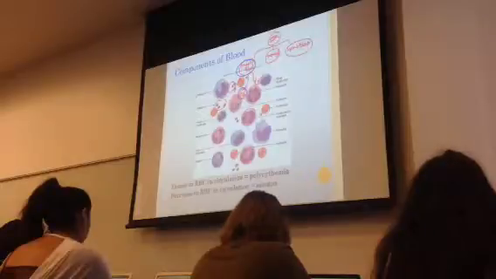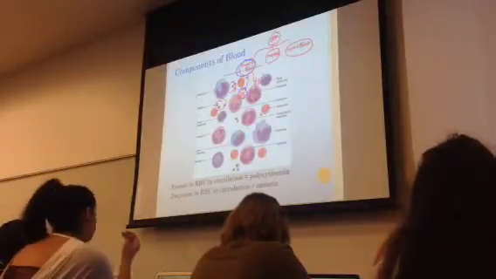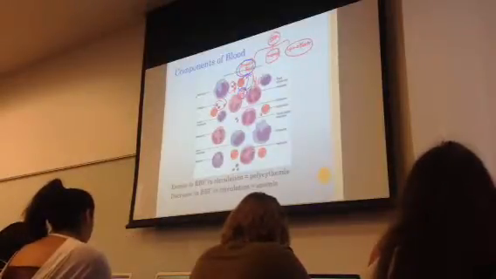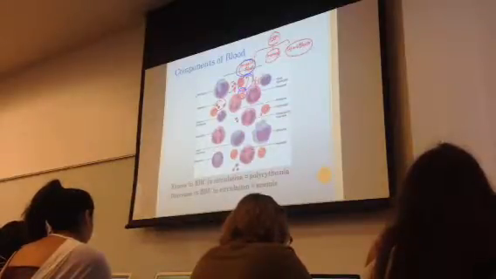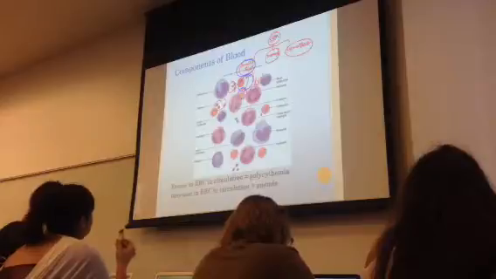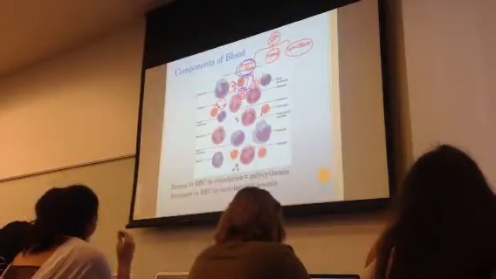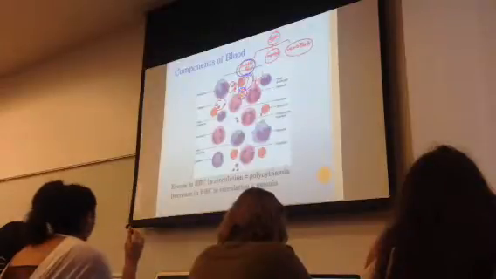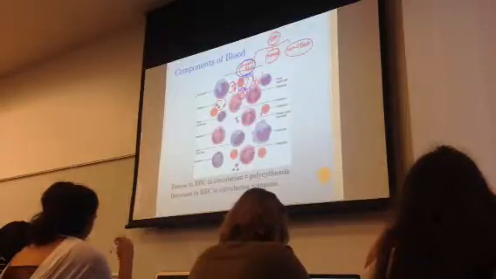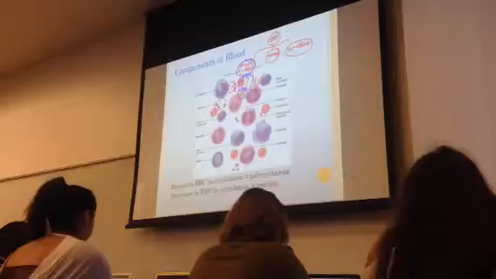And if you have an issue in there, then you can get stuck with a really large red blood cell. It's not a fully functioning red blood cell, and it seems kind of odd that you would have an immature red blood cell that's bigger than your normal red blood cell. Okay? So that can happen.